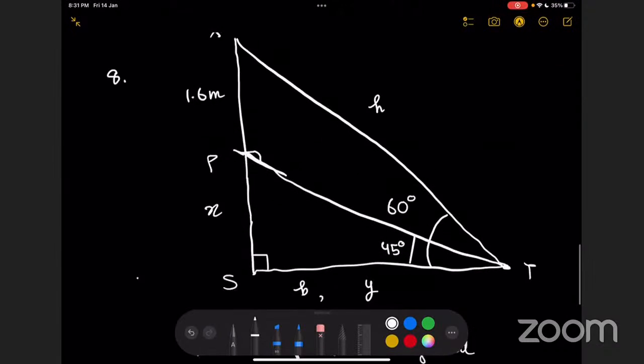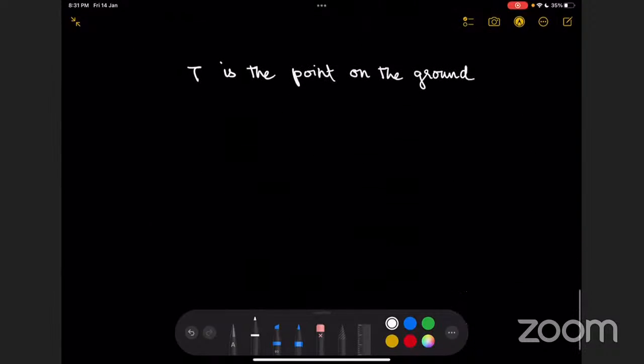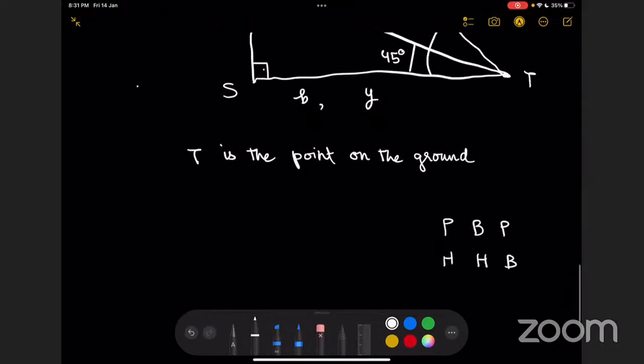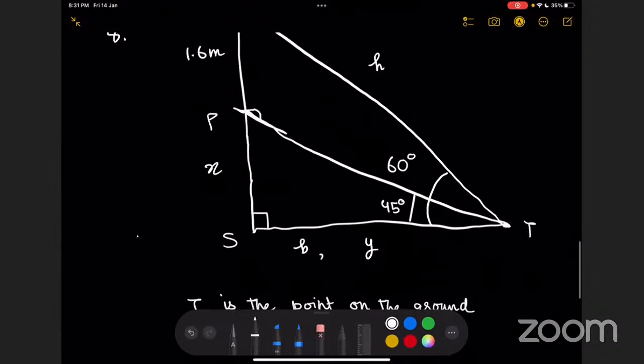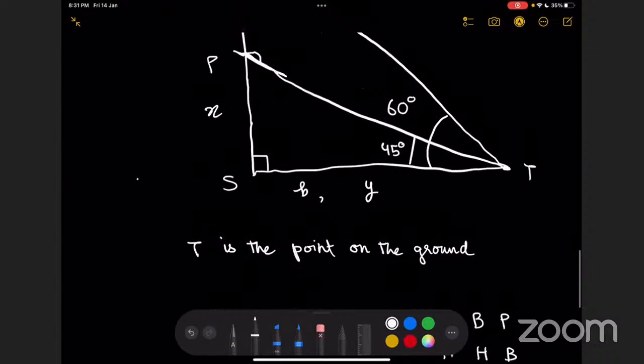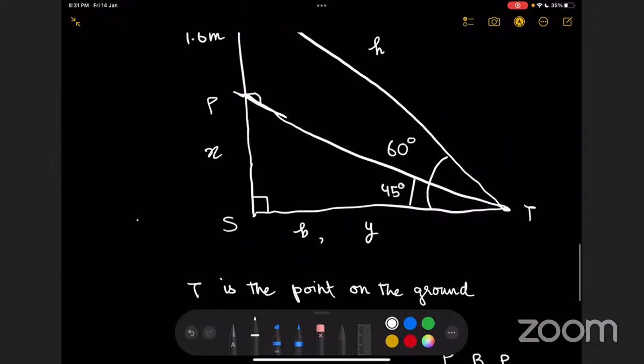So let's find out Y first, which is the base. Can I use cos or tan? It's 45 degrees, or we can take it as 60. I'll just take it as 45, and we need to find out the base.